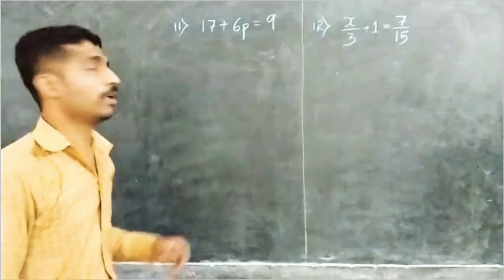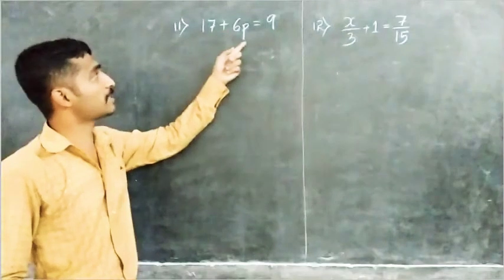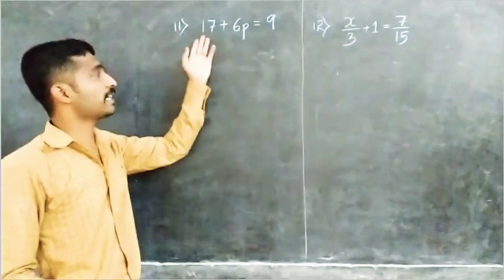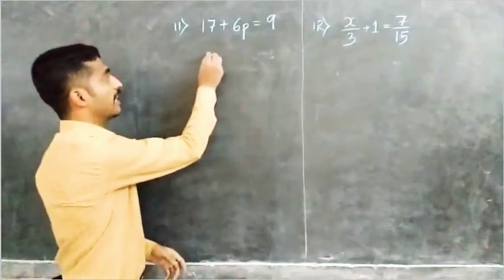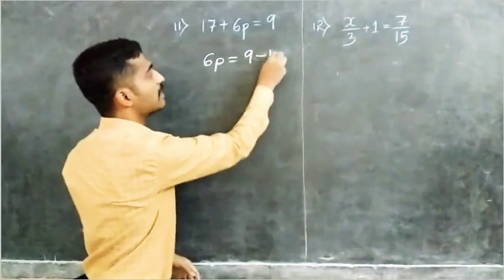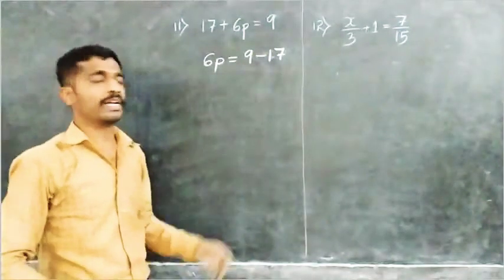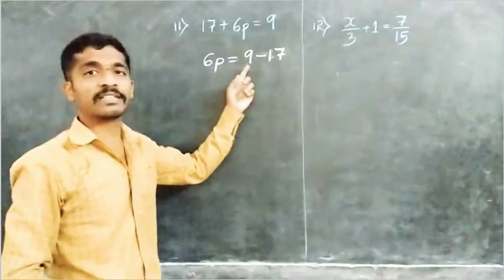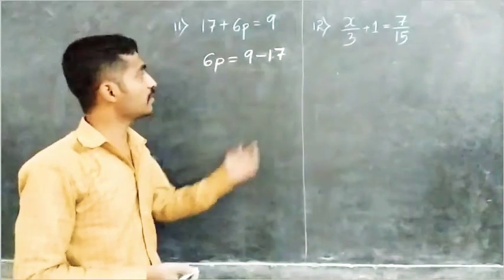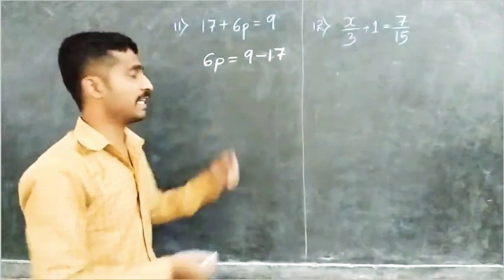Now in 11th problem, 17 plus 6p equal to 9. Okay, keep variable this side only. Take 17 to right side. That becomes 6p equal to 9 minus 17. Okay, is it possible to subtract 9 minus 17? No, but it is easy to subtract 17 minus 9.